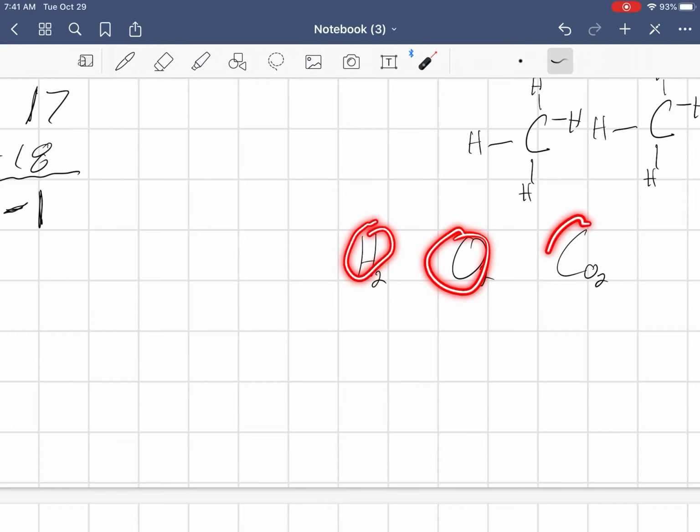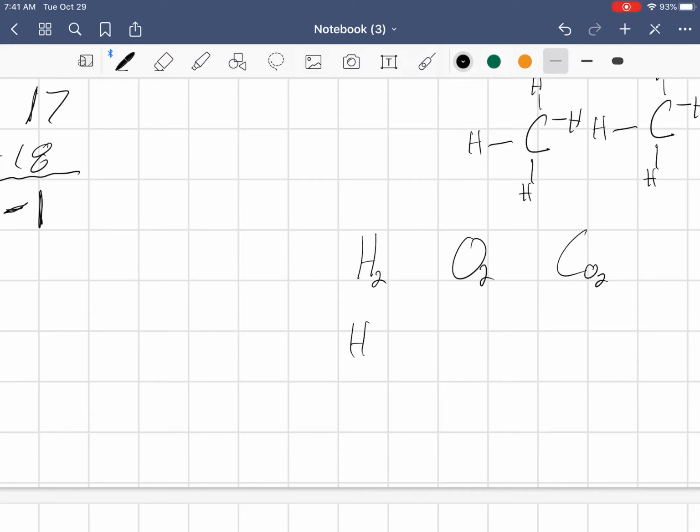Just hydrogen, just oxygen, or just cobalt. Where in return, if I had water or methane or carbon dioxide, these have 2 types of elements within them, okay, making them a compound or a combination of multiple.